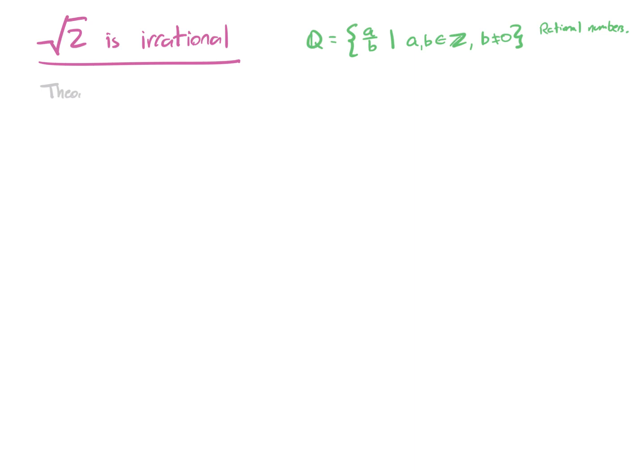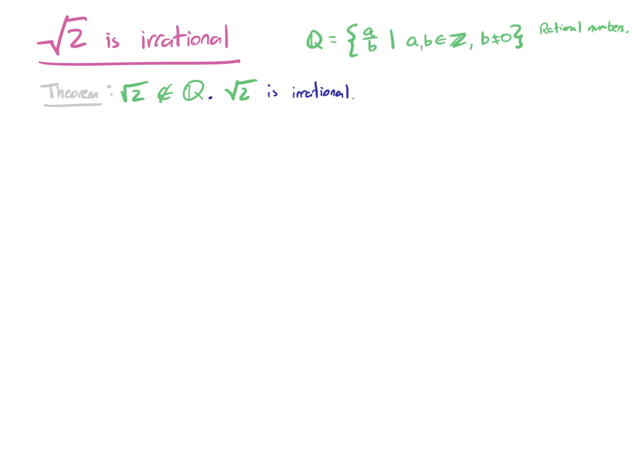This theorem goes all the way back to the ancient Greeks. So, theorem: the square root of 2 is not in the set of rational numbers. Another way to write this is that the square root of 2 is irrational, so a number is irrational if it's not rational.